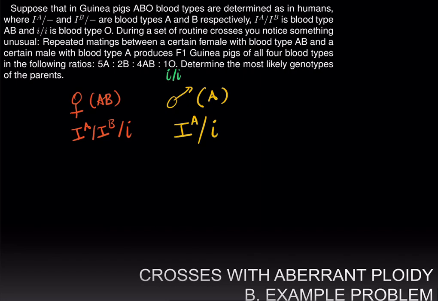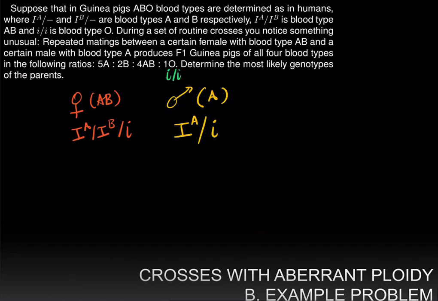Let's see if this combination will give us the desired proportions. So we have to determine the genotypic proportions of the gametes of the female and the male. The male is easy.